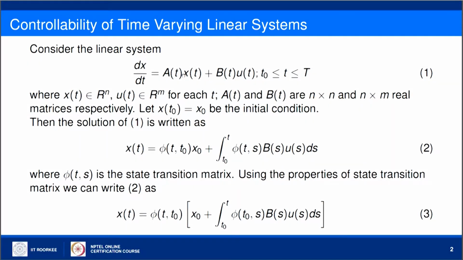So, if you recall the state transition matrix phi t t0, it is e to the power A t minus t0 if A is a constant matrix.